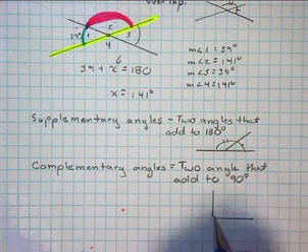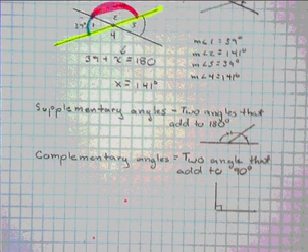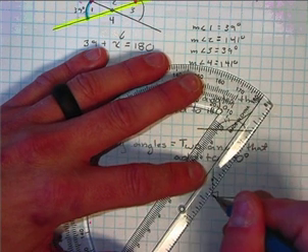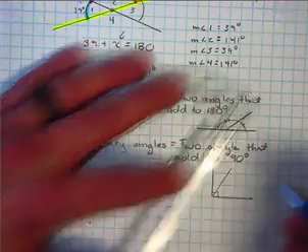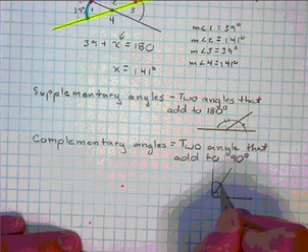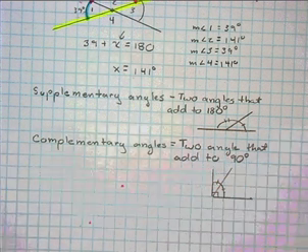A lot of times when you see 90 degrees, there's a little square in the corner. That little square means it's 90 degrees. And complementary means that this angle plus this angle is 90 degrees.